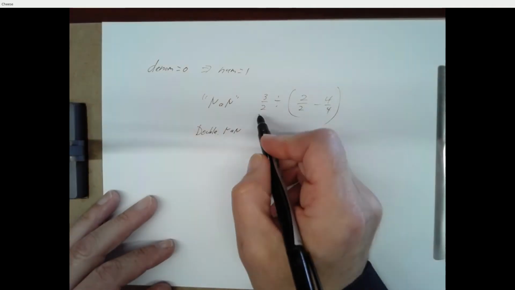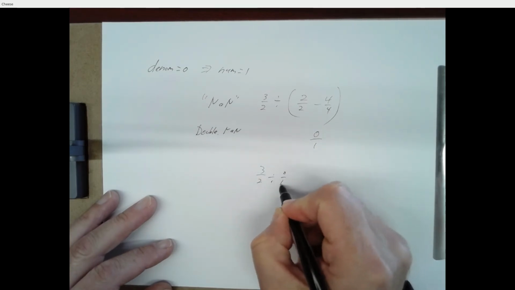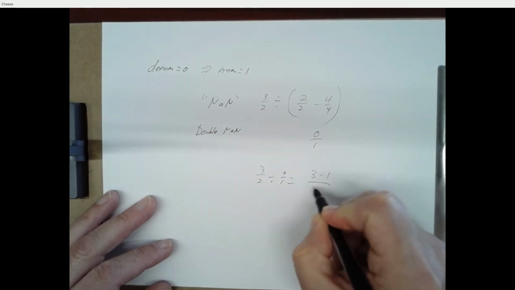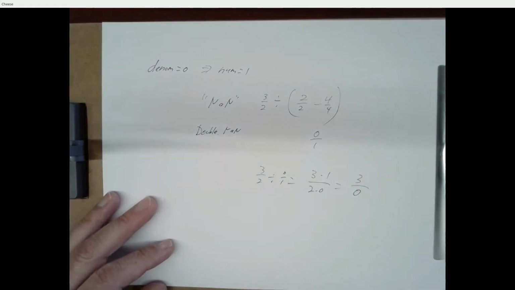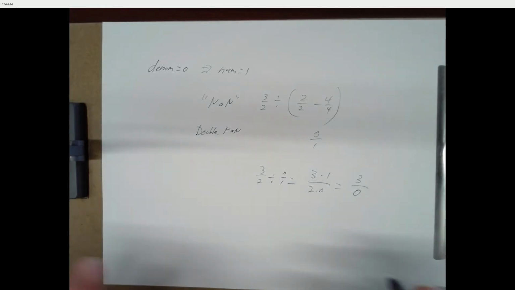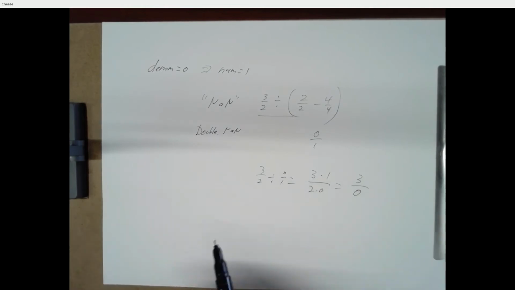And then when you do this division, you're going to say 3 halves divided by 0 over 1. That's 3 times 1 over 2 times 0. We're going to get something with a numerator of 3, denominator of 0. We can return that as the result of this divide call, and that's perfectly fine.